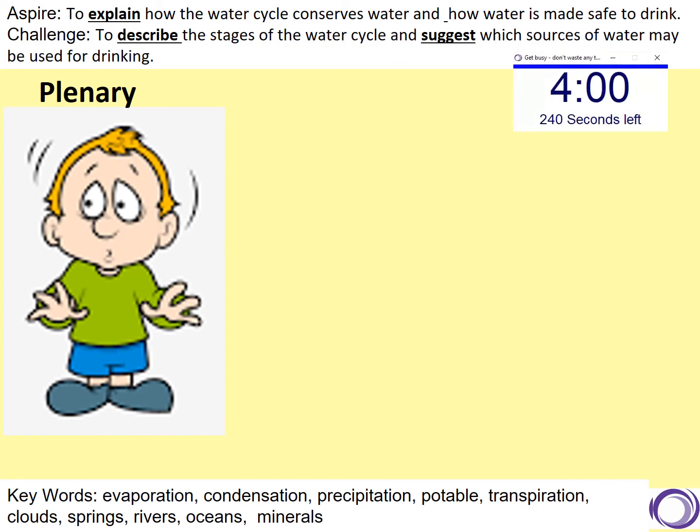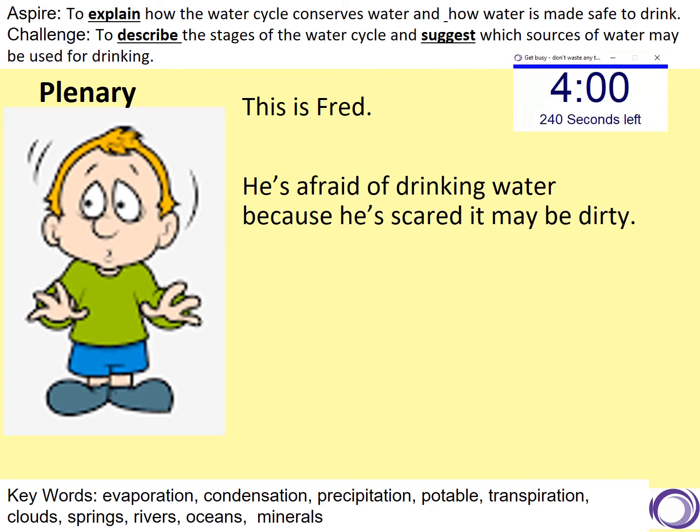So this is an activity for you to try to see how much you can remember about making potable water and how to make it safe to drink. So let's imagine that this little person here is called Fred. And he is pretty scared of drinking water because he's frightened it might be dirty and he thinks it's going to make him poorly.